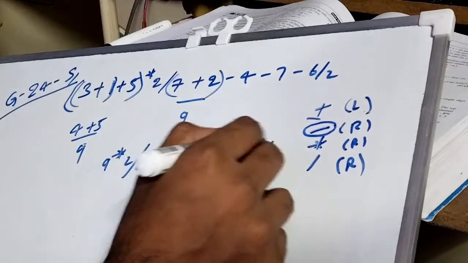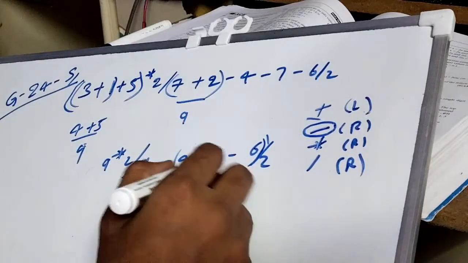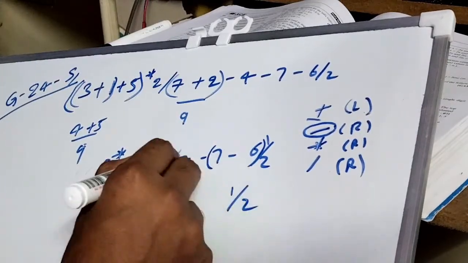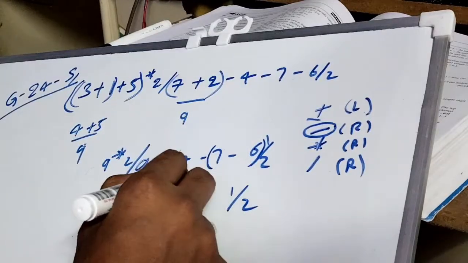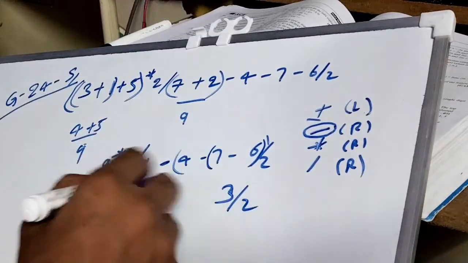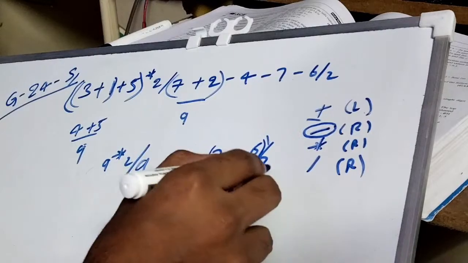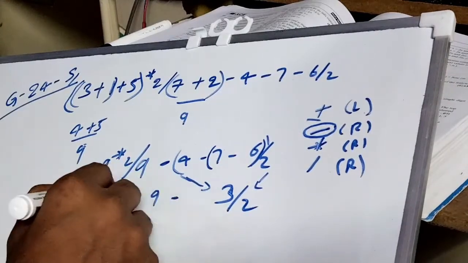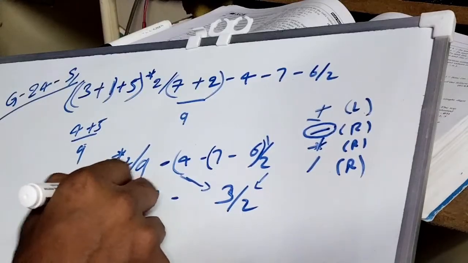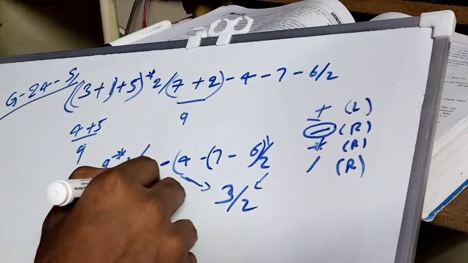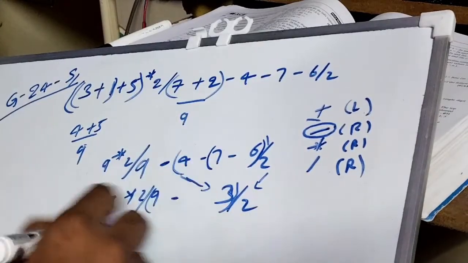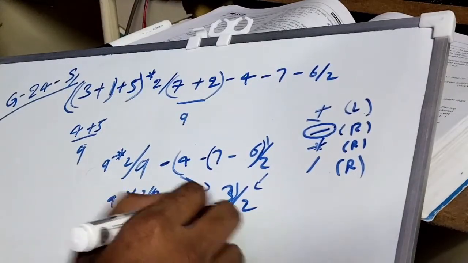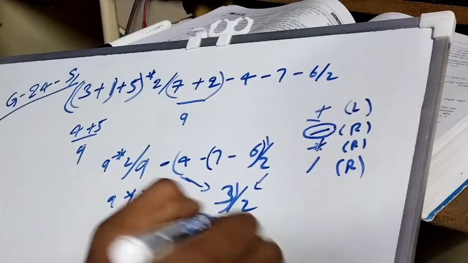Minus 1 means 1 by 2, and 4 minus 1 will be plus 3, so 3 by 2, and the whole term is connected to this. And after that, 9 into 2. Here we have to do this, the highest precedence, so 9 into 2 by 9 minus 3 means 6 by 2.